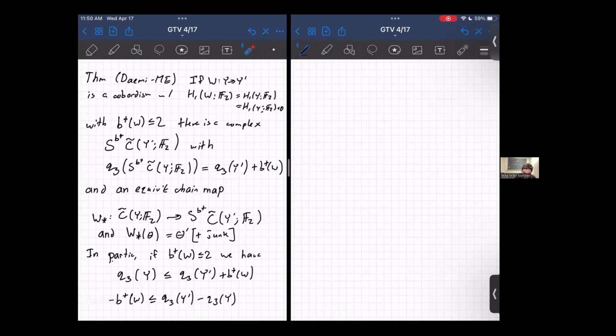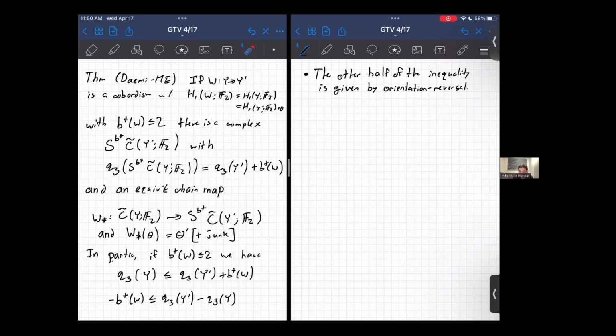Now, still restricting B plus and say B minus of our cobordism, the other half of this inequality is given by the fact that Q3 negates under orientation reversal.